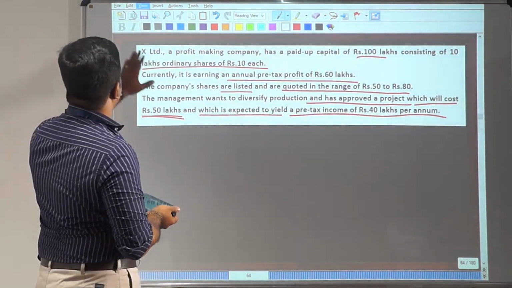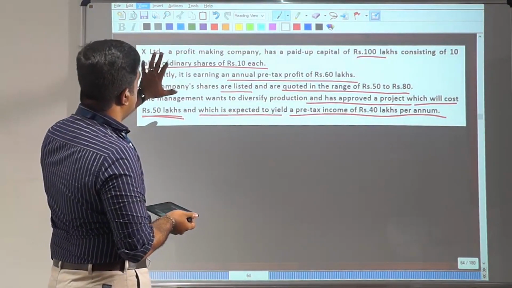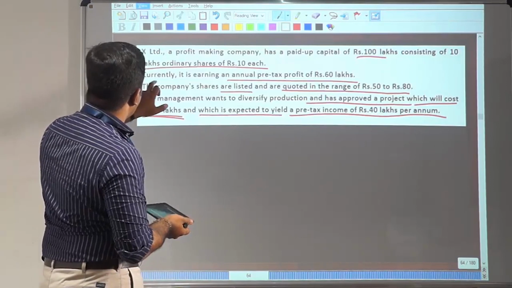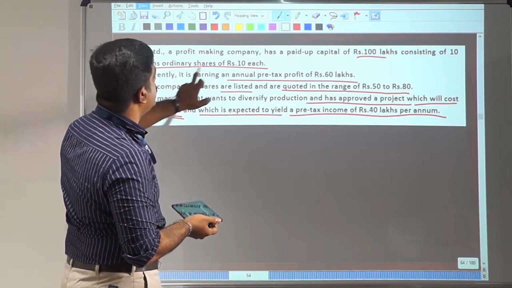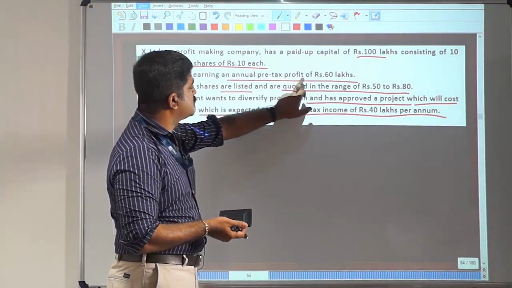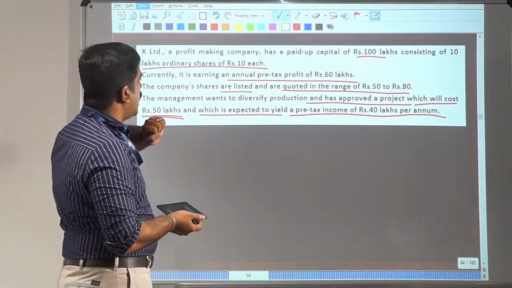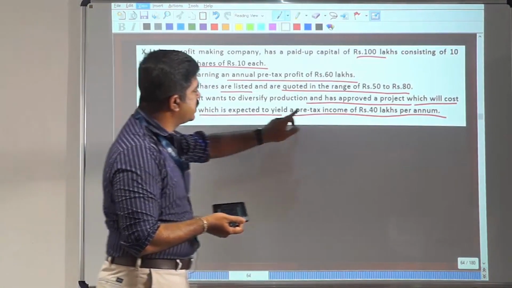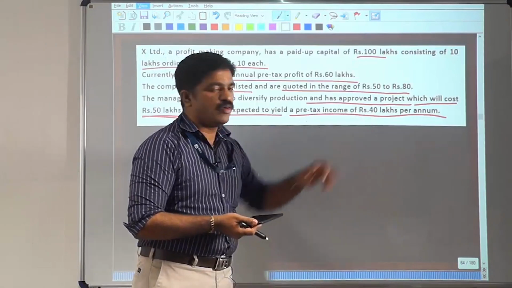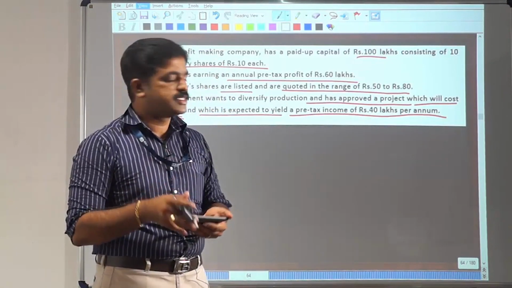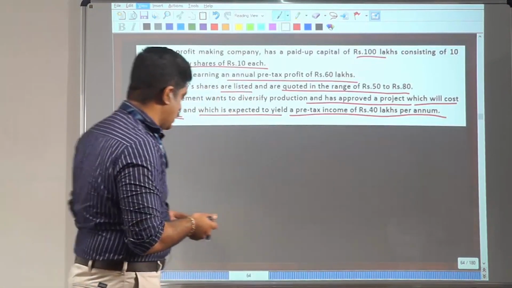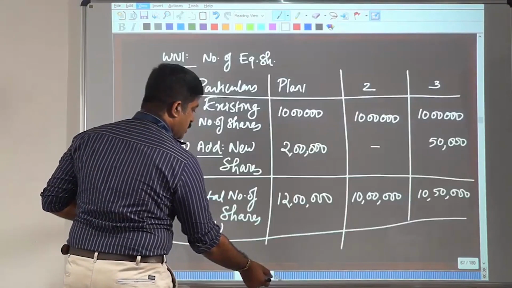The question says, X Limited, a profit-making company, and here it is mentioned that currently it is earning an annual pre-tax profit of 60 lakhs, and if they go for this project, they will get a pre-tax income of 40 lakhs. So already they have 60 lakhs. Now if they go, they'll get 40 lakhs. Okay, so let's capture that.